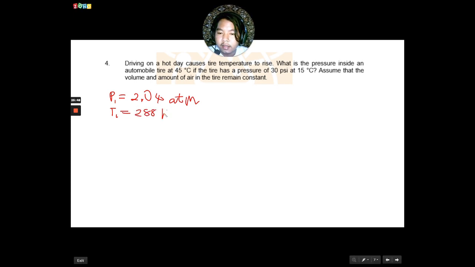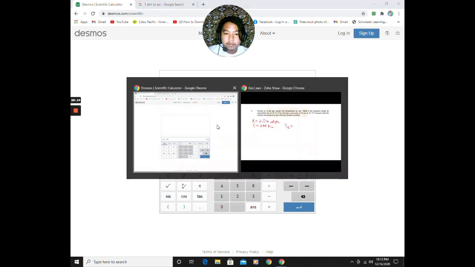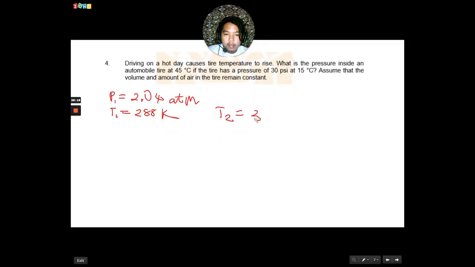And then we have the final temperature T2 at 45 degrees Celsius. So 45 plus 273, that is 318 Kelvin.